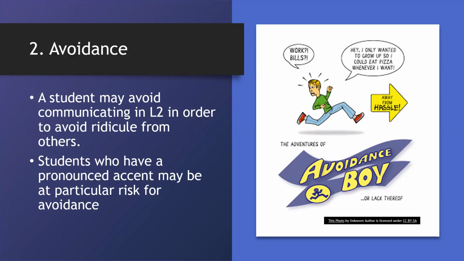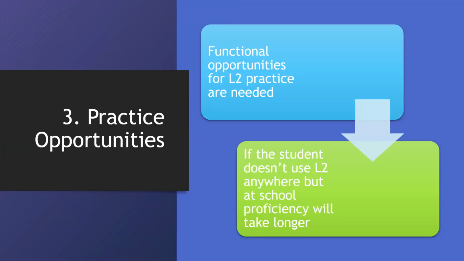All right, so this leads us to the third thing, which is practice opportunities. And this is something that I have tried to weave throughout this topic. It's about exposure, that having opportunities to practice and use your second language is crucial to getting through the interlanguage period to proficiency.